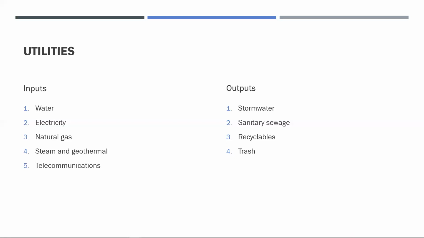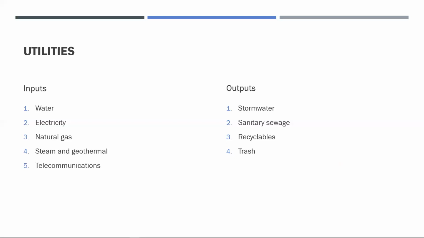Municipal utility systems typically deliver energy, water, and information to the site and remove waste and excess stormwater. On sites located outside of urban service areas, some of these gray infrastructure systems may be unavailable.